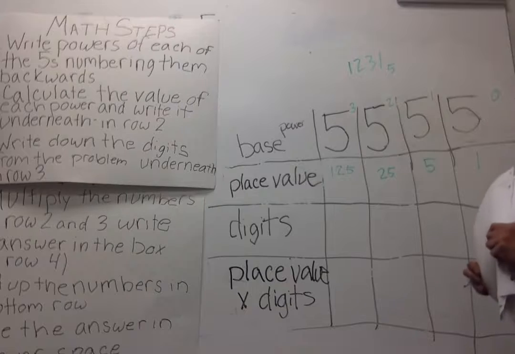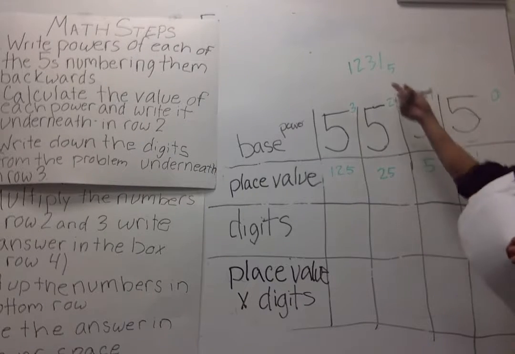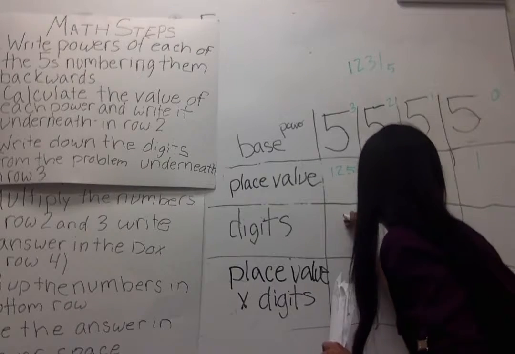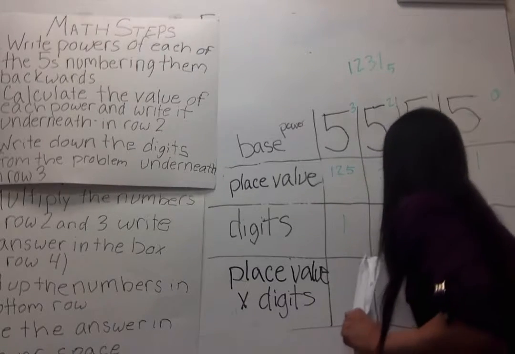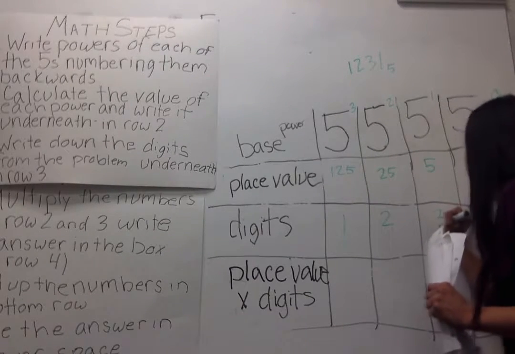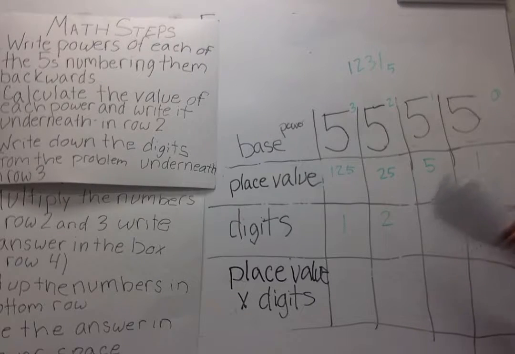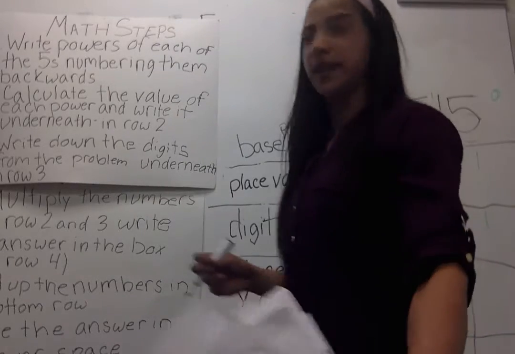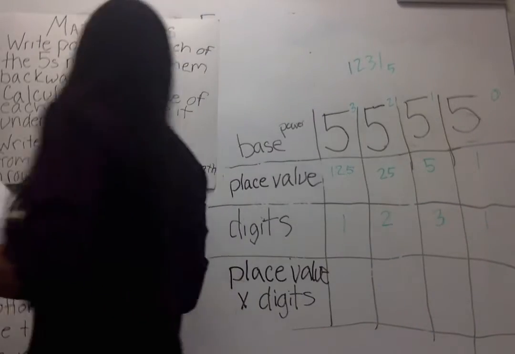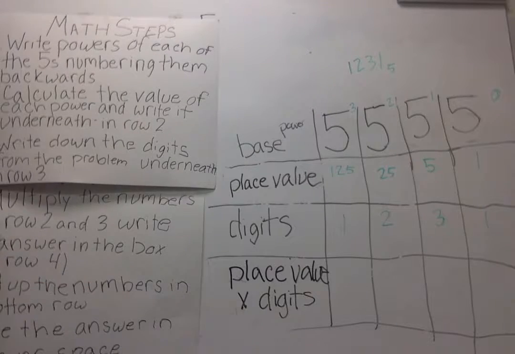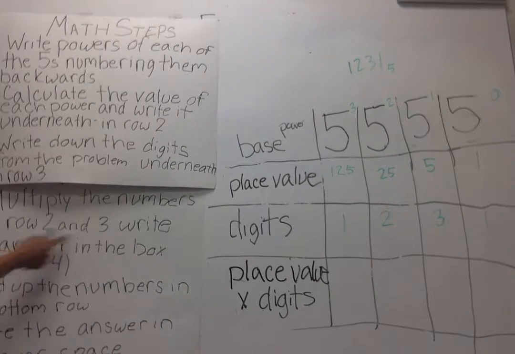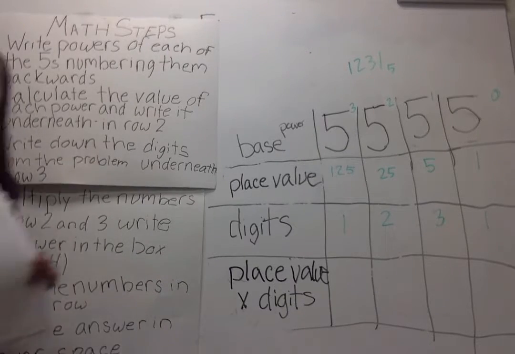So today's problem would be written right here in row 3. So 1, 2, 3, 1. And then what we do on the next step would be we are going to multiply the numbers in row 2 and 3 and write the answers in the box.